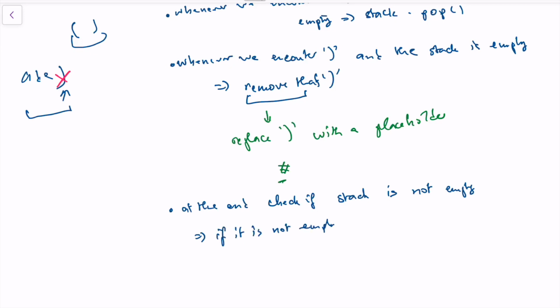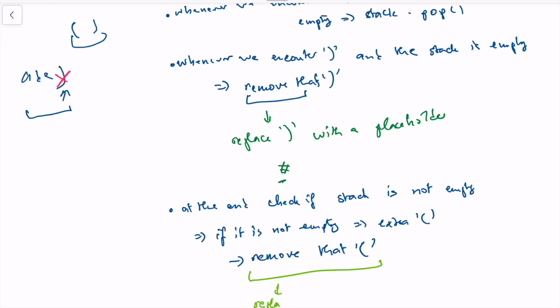That means there is an extra open parenthesis, so remove that open parenthesis, right? So how can we remove that open parenthesis? We do the same trick we did with the close parenthesis, which means just replace that open parenthesis with a placeholder again.